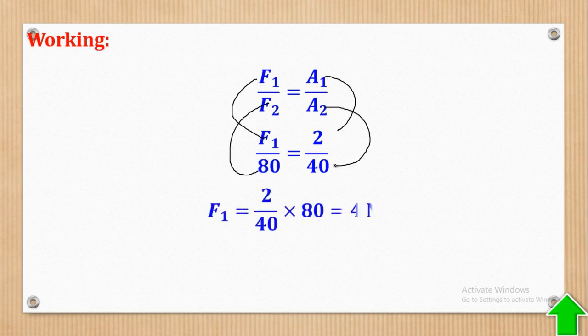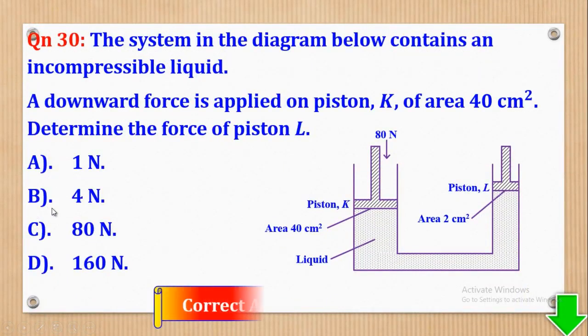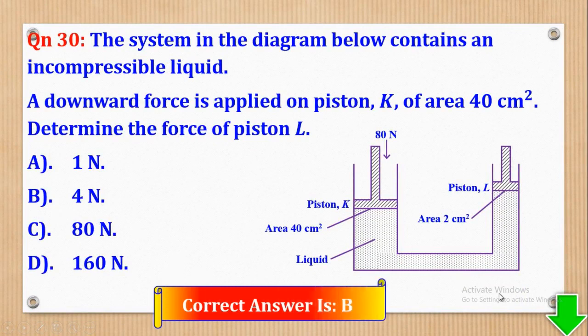So I'll cross multiply to come up with 2 over 40 multiplied by 80 to come up with the final answer as 4 newtons. So we'll look for the option which has 4 newtons as its answer. So that is option B, therefore the answer is B.